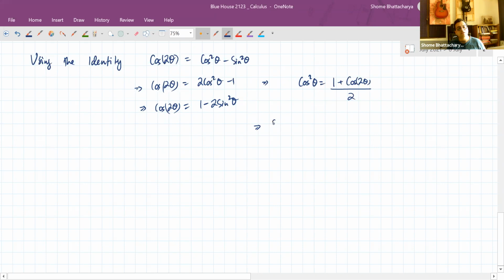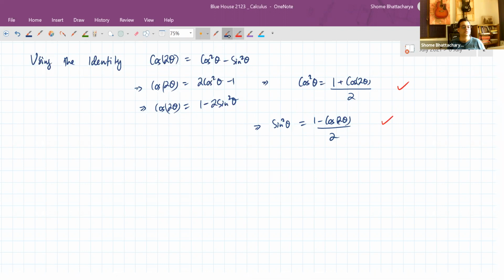And using this, we can see that sine square theta can be written as 1 minus cos 2 theta, whole thing divided by 2. So now this and this become very useful identities. Sorry, there's no integration here. Why I wrote the integration sign? We're going to make use of it in integration next, but as of now, these two are important identities that we can use in integration.